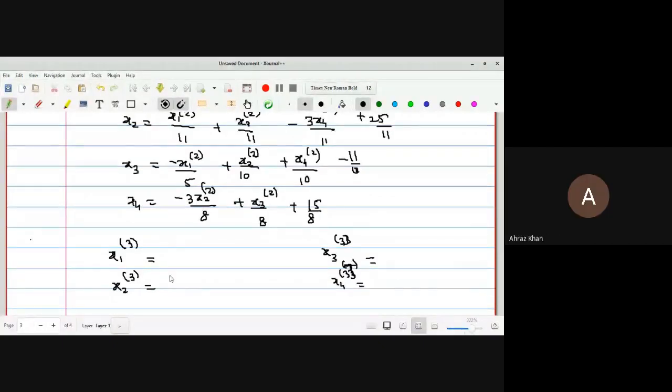Ma'am, x1(3) is 0.9828. Ma'am, x2(3) is 2.044.